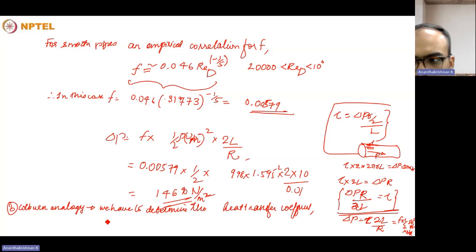So we can write the Stanton number. The Colburn analogy actually equates the Stanton number and the friction factor. The Stanton number is a relationship between the heat transfer coefficient and the amount of energy that is stored in a fluid.